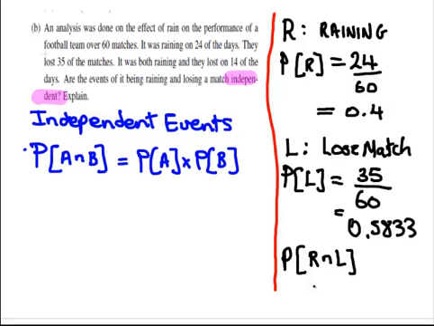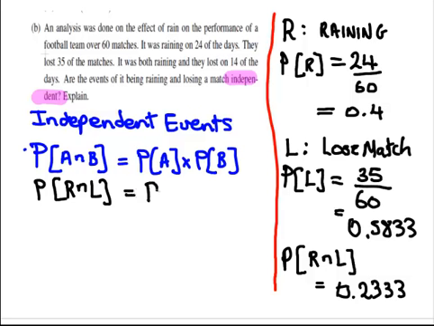That is equal to 0.2333. Okay, so what we're going to do now is check if the probability of R and L is equal to the probability of R times the probability of L.